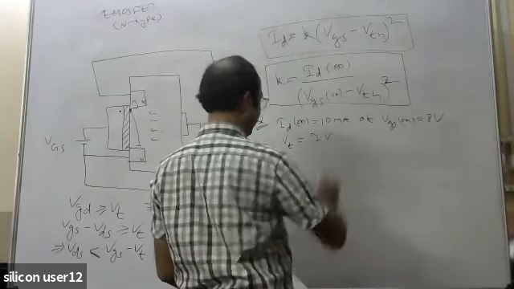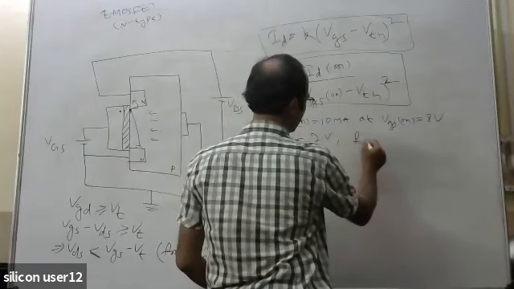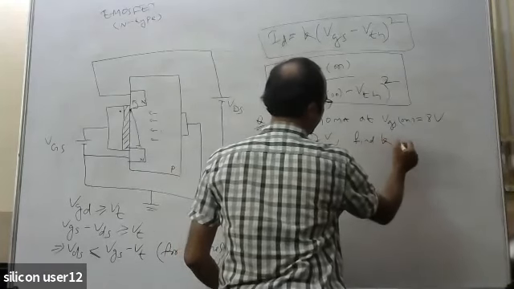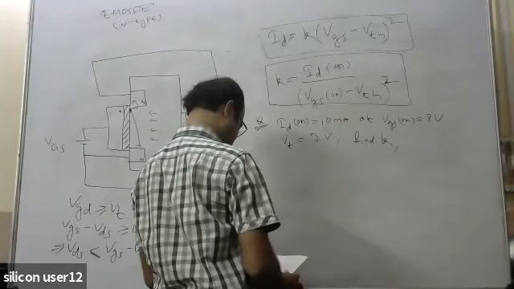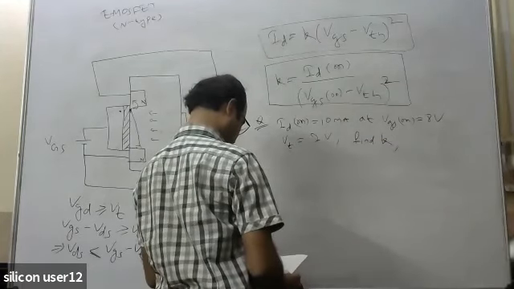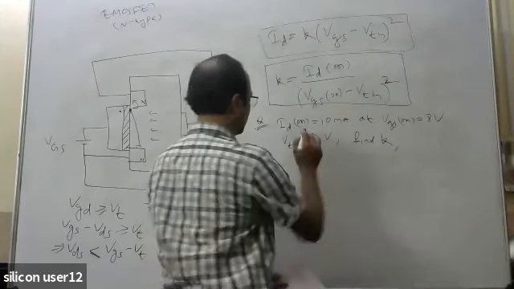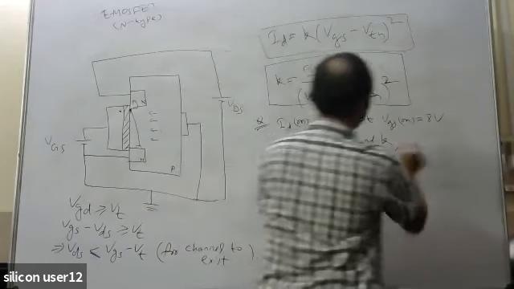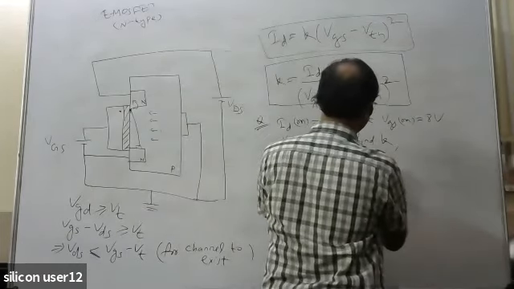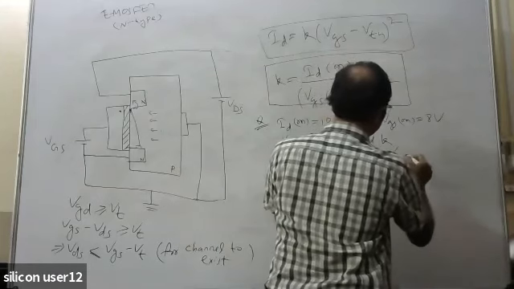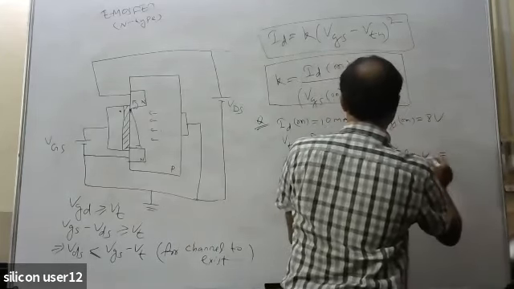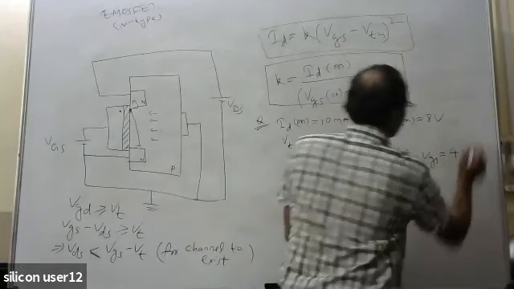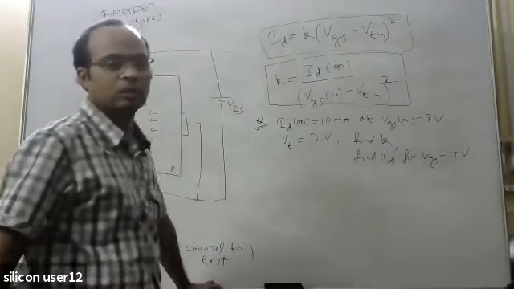Find K, and second, find ID for VGS equal to 4 volt. So this is the question given.